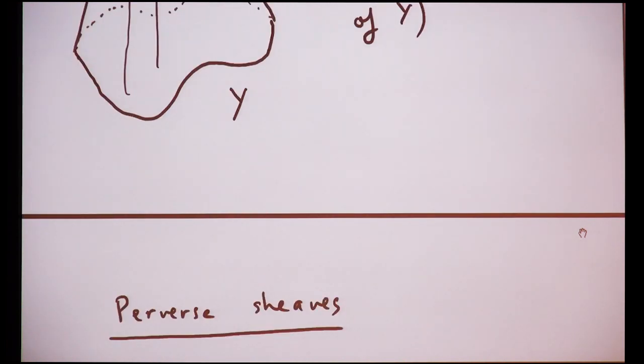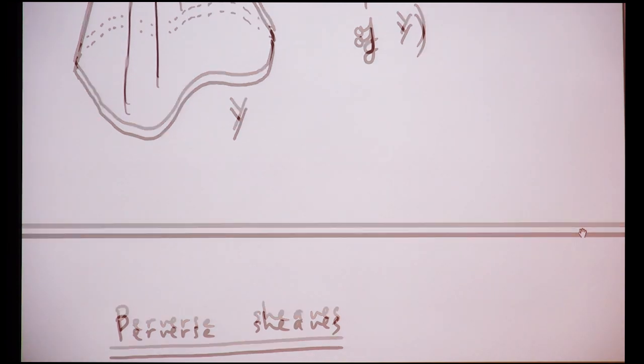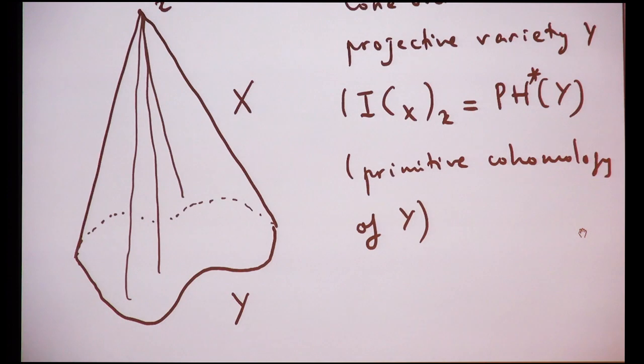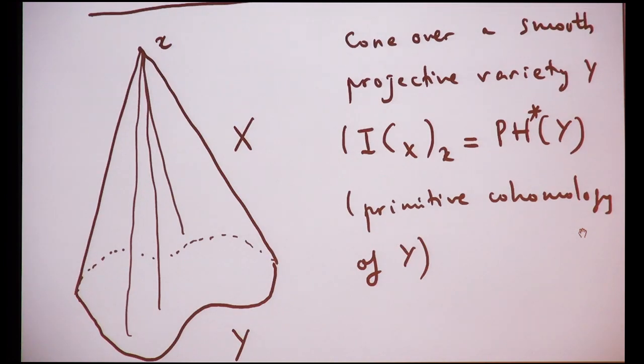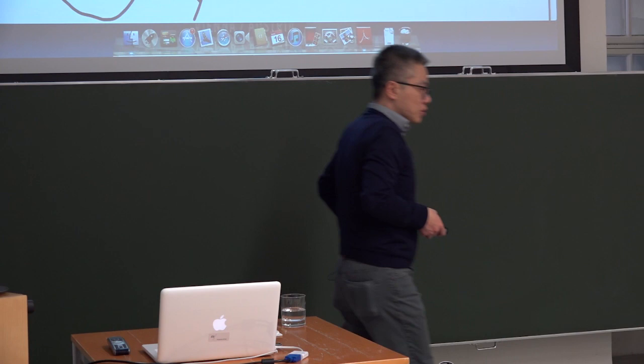So look at the simplest singularities in geometry you can make. This is a cone. So let Y be, at the bottom, some smooth projective manifold, right? And the cone is just a point, and then you somehow draw a line to every point of Y, right? So that gives you a cone.